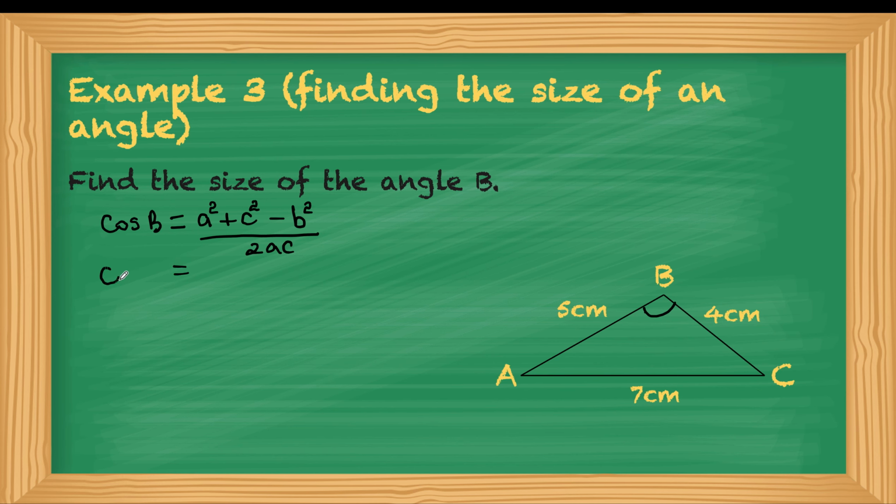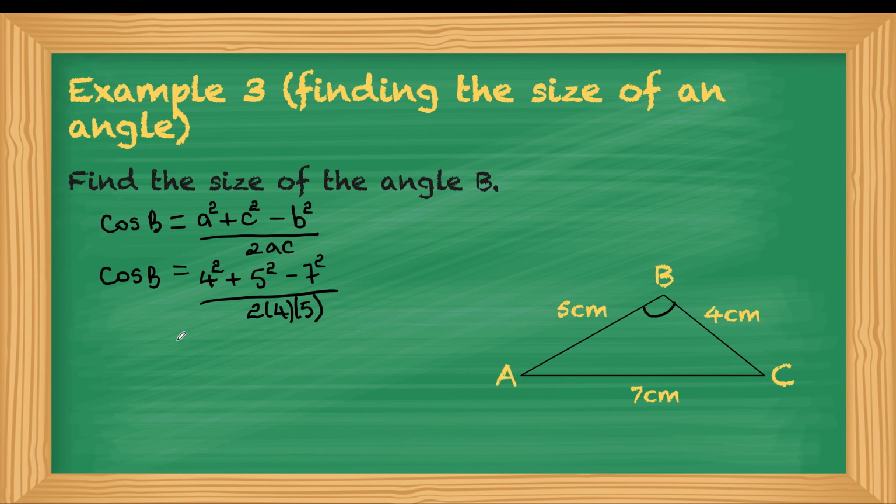Now we're going to fill in what we know. We actually don't know what cos B is. So our A in this case would be 4 squared, our C is 5 squared, and our B is 7 squared, all over 2 times 4 times 5.